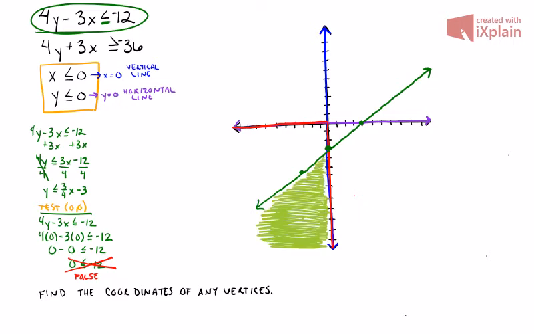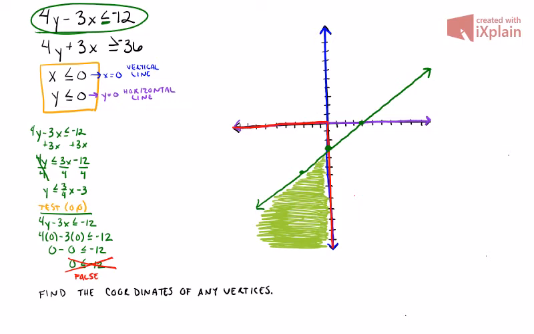So what I want you to know here is that I only put the shading in the third quadrant. And again, that's because, as I had previously said, when we were working with our x is less than or equal to 0 and our y is less than or equal to 0 inequalities, we knew that the overlapping that would happen for them was going to be in the third quadrant. That tells us that any other shadings or overlappings are also just going to exist in the third quadrant.